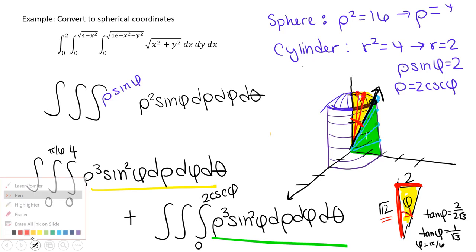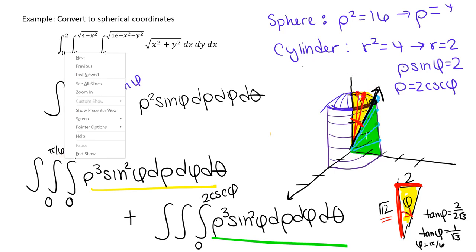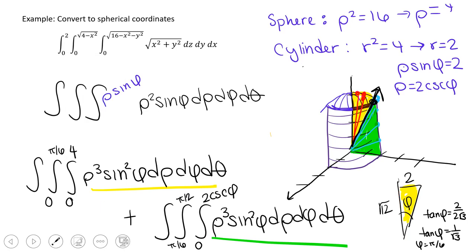So that means for the yellow portion, the angles go from 0, so 0 is just our positive z-axis, down to where they intersect, which is pi over 6. The part in green, the angles start at where they intersect. Phi is pi over 6, so the phi starts at pi over 6.